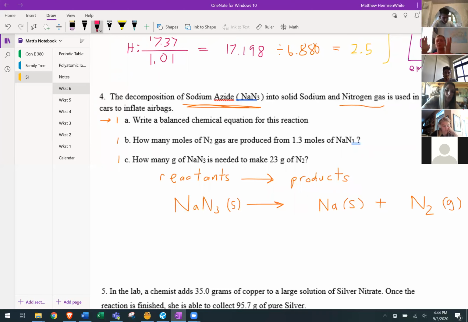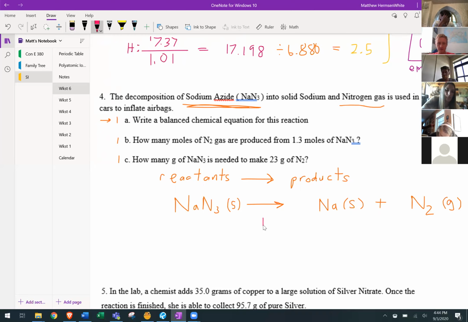Okay, and Dylan, why does that matter? Because of the conservation of mass, it can't be destroyed or created, so you have to have the same amount on both sides. Yeah, great. So Dylan was saying, if you've got 3 nitrogens here, you've got to have 3 nitrogens on the right. So this is called balancing an equation.